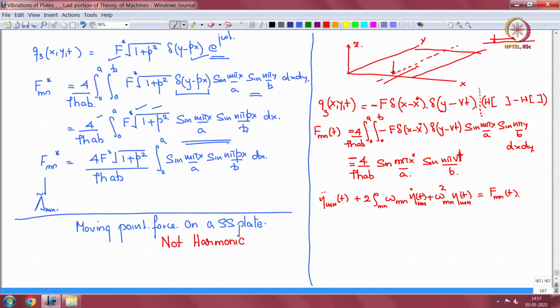So now you have to use Laplace transform and do the convolution. So Laplace transform and convolution. I have given it in the beginning. So then what else?